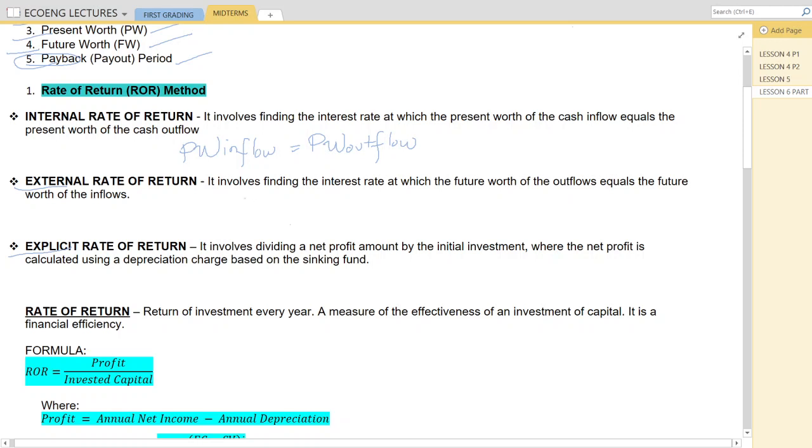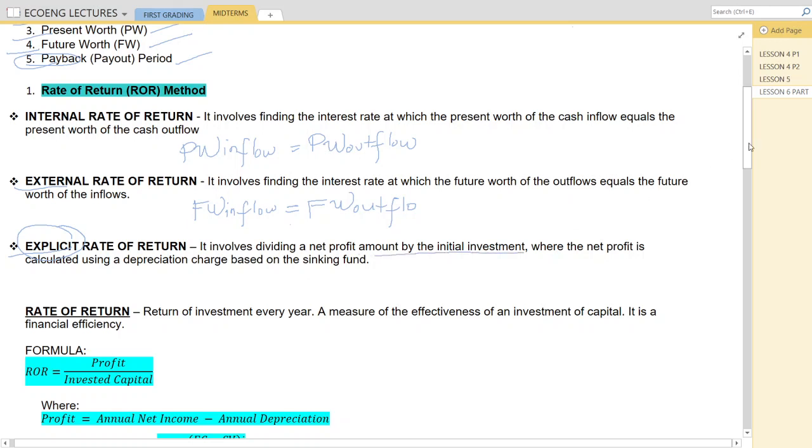For the external rate of return, that is the future worth inflow that is equal to the future worth of the outflow. And for the explicit rate of return, from the word explicit, that is the detailed rate of return. It involves dividing a net profit amount by the initial investment.